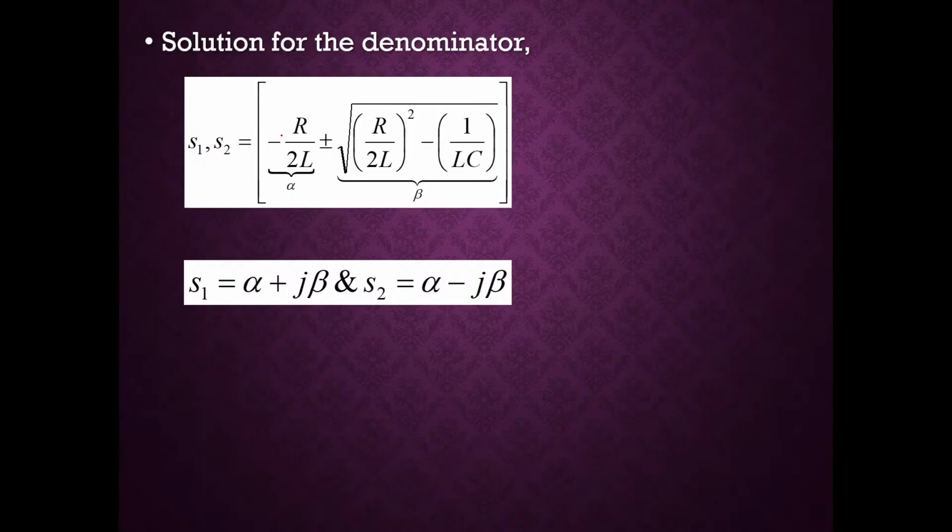I have assumed the first term as alpha, the second term as beta, and written the roots in complex conjugate form. S1 is alpha plus j beta, and S2 is alpha minus j beta, where alpha is the real part and beta is the imaginary part.